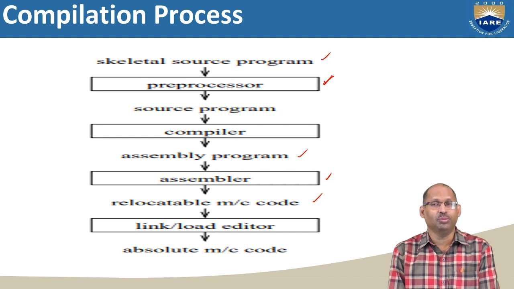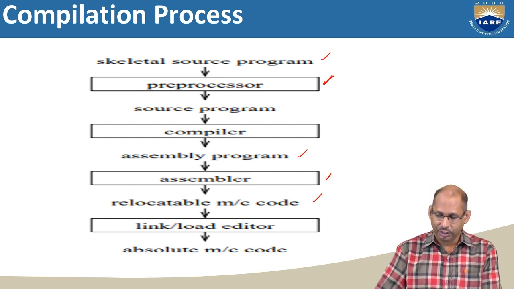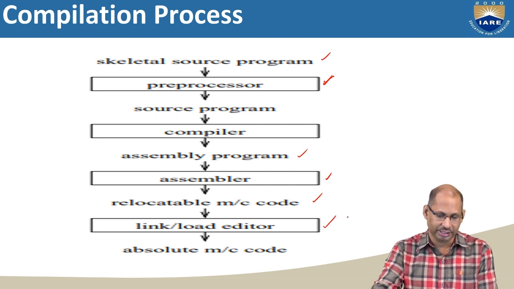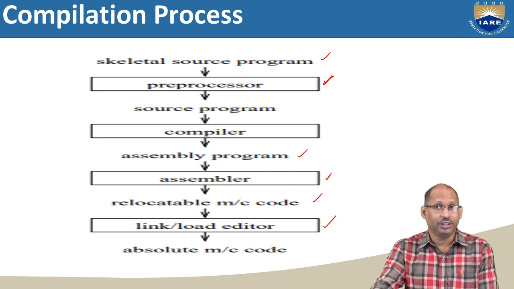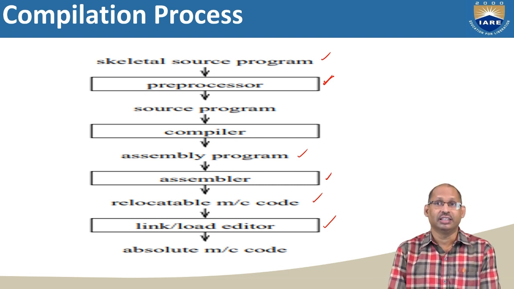Here we can move this machine code from one system to another system where we want to execute the program. Then we use the link editor and load editor to convert this relocatable machine code to absolute machine code.